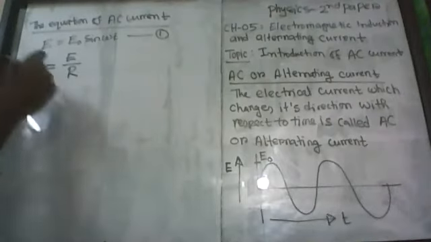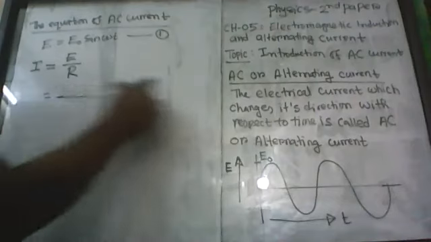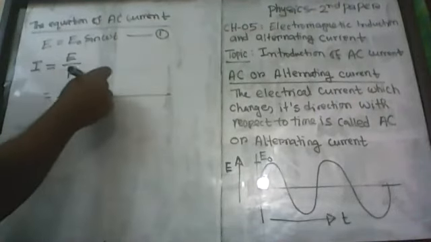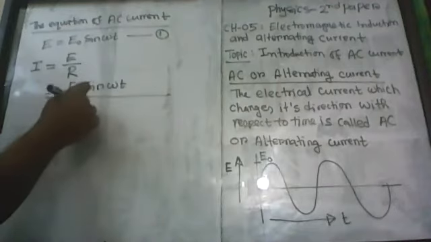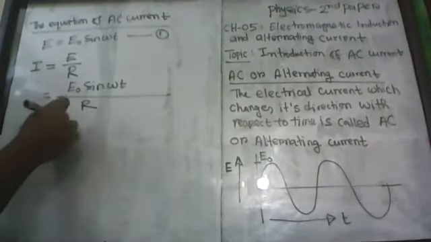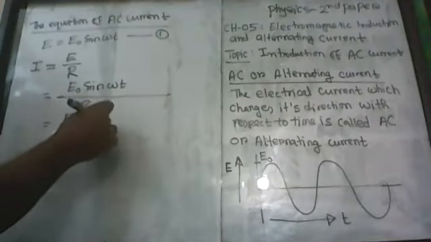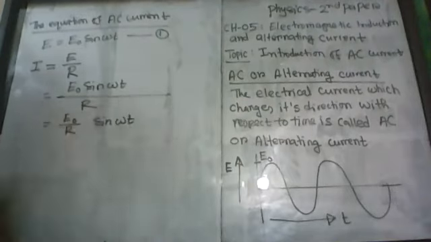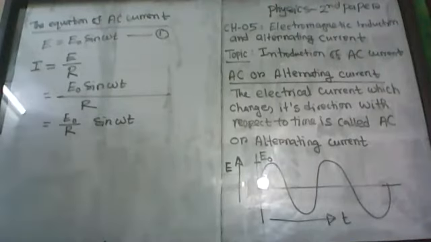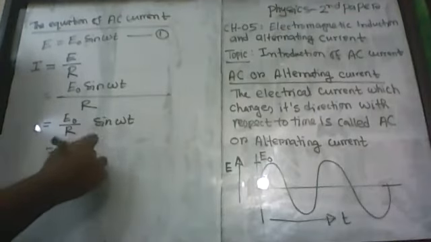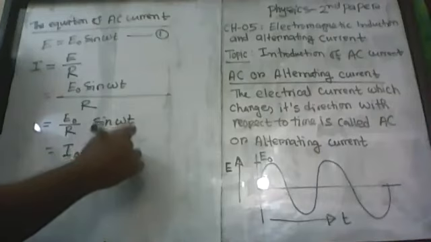Now, in the place of E, you can say E equals E naught sine omega t, divided by R. So here, E naught divided by R multiplied by sine omega t. Now, it will equal I naught sine omega t.